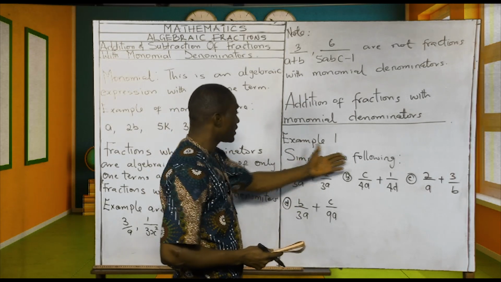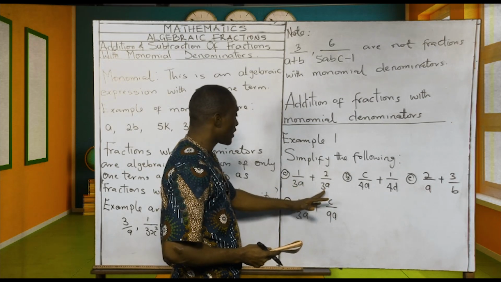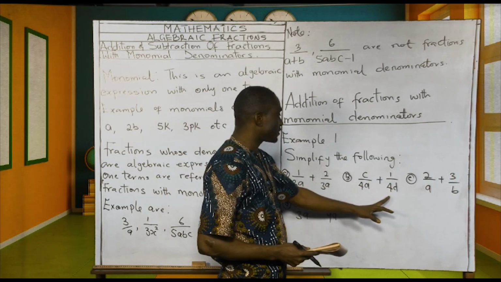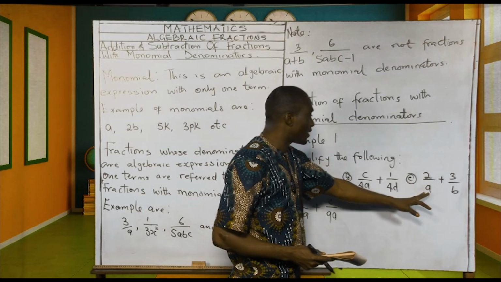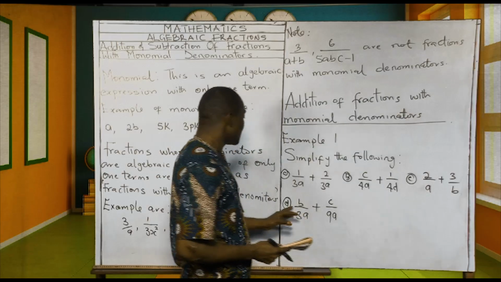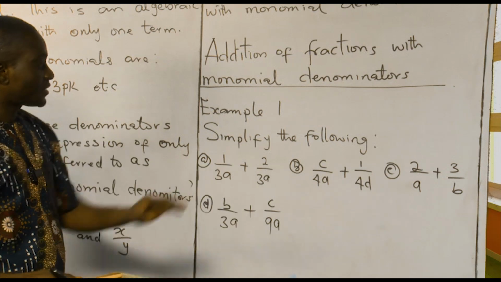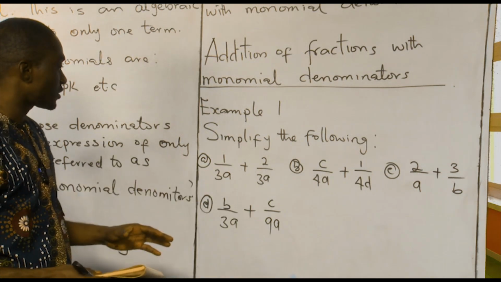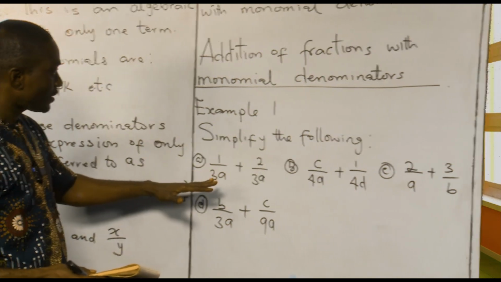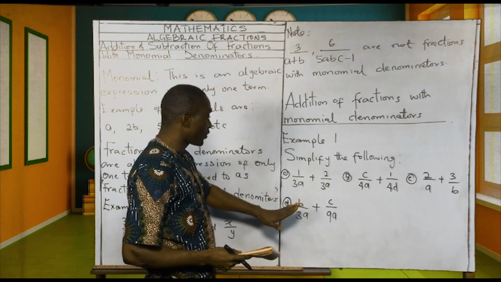We have to simplify each of the following. A: 1 over 3a plus 2 over 3a. B: c over 4a plus 1 over 4d. C: 2 over a plus 3 over b. D: b over 3a plus c over 9a. Look at these algebraic fractions. You discover that each of the fractions has its denominator as a monomial.